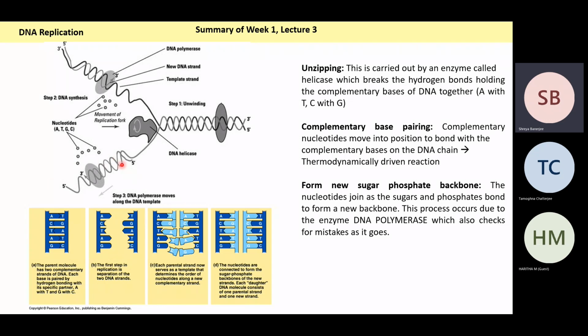The final step is the formation of the sugar phosphate backbone. Once the nucleotides are joining, the sugars and phosphates also bind to form a new backbone using the enzyme DNA polymerase. Another function of DNA polymerase is that it checks that there are no mistakes in the DNA so that this whole process is error-free.